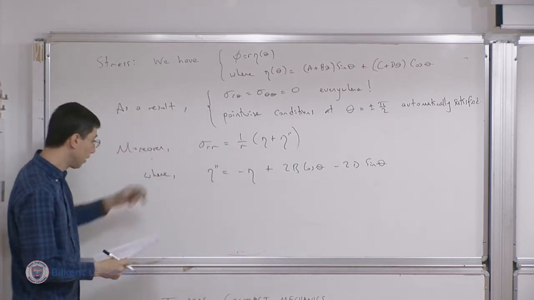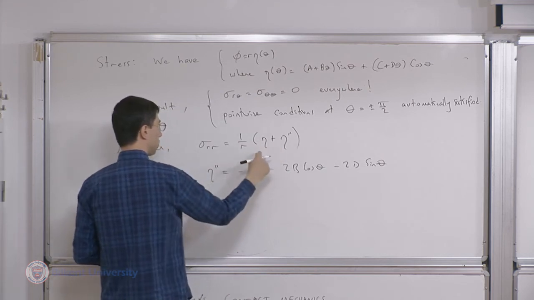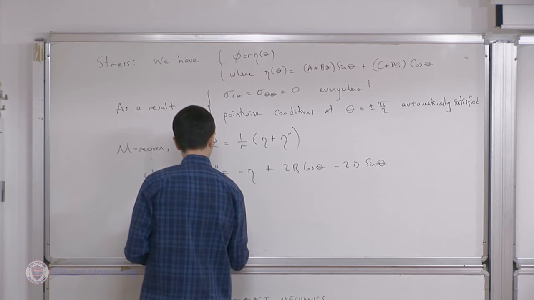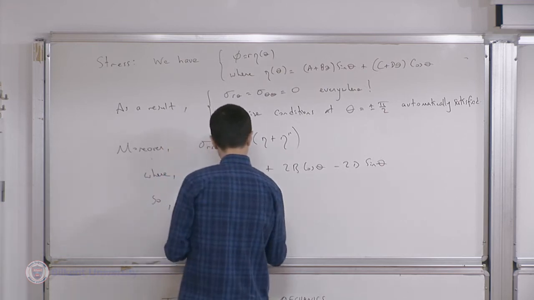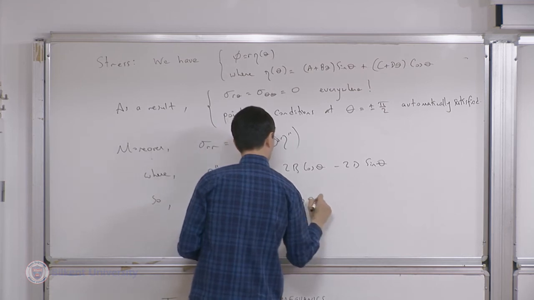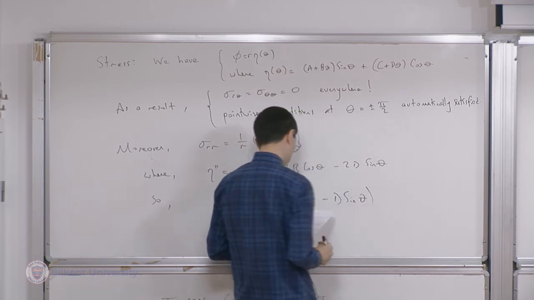And therefore, when you calculate sigma rr, so when you sum these two quantities, the etas cancel, you're going to be only left with that term. So sigma rr is equal to 2 over r (B cosine theta minus D sine theta).